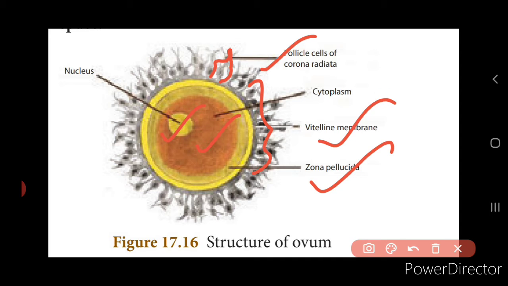And there is a liquid placed between the zona pellucida and the surface of the egg, which is called the perivitelline space, right? So before it starts with the cytoplasm, this liquid is filled between these two layers. So this is about the structure of the ovum.